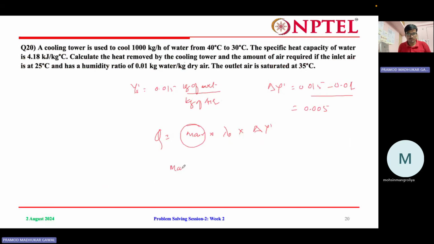Now the latent heat of vaporization at this temperature, 30 to 40 degrees Celsius, is 2400 kilojoule per kg, right?